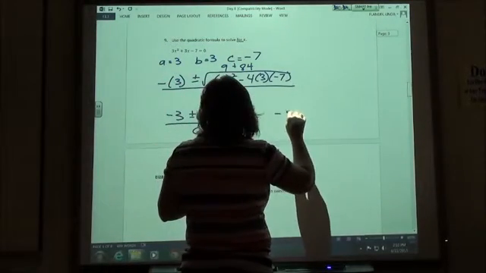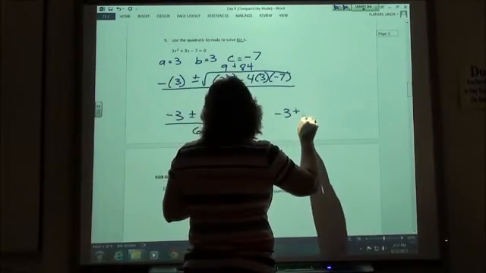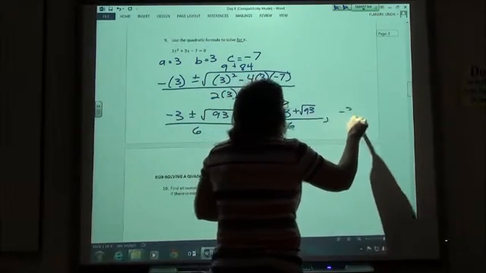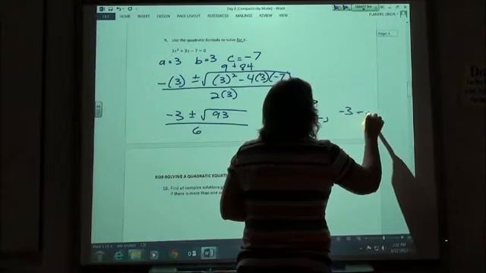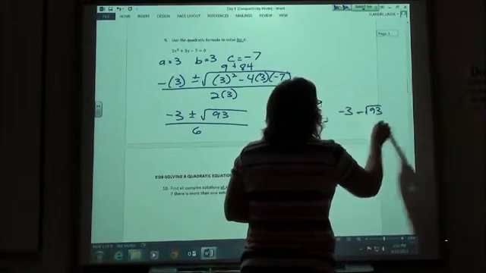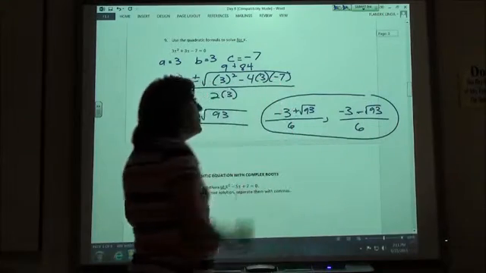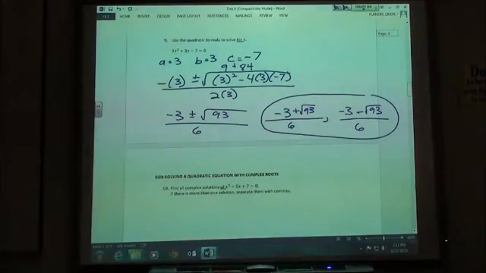So we have negative 3 plus the square root of 93 over 6, and negative 3 minus the square root of 93 over 6. Be careful on this one that you do get the negative on the top of the fraction. So again, hit the fraction button first and then type it in.